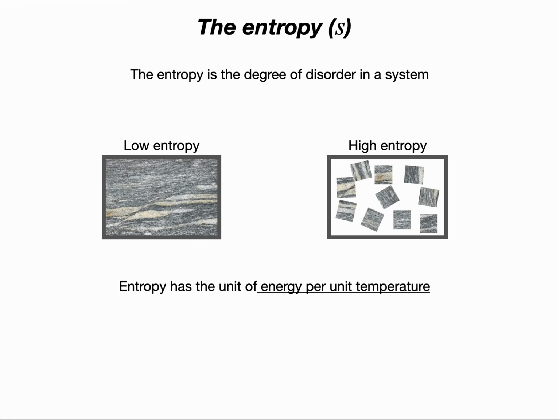And you can imagine, so that's just a view now, that if the system is nicely compacted, solid, well-packed, well-organized, you will have a low entropy, while if the system is completely broken and it's a kind of suspension or something like this, a gaseous rock, this would be a high entropy system. So the entropy will have the unit of energy per unit temperature. That's all we want to know for the time being.